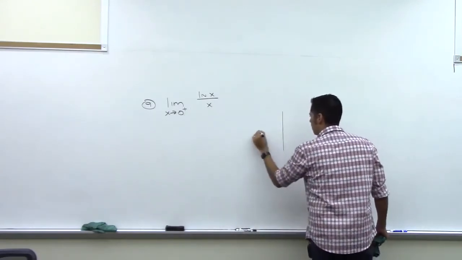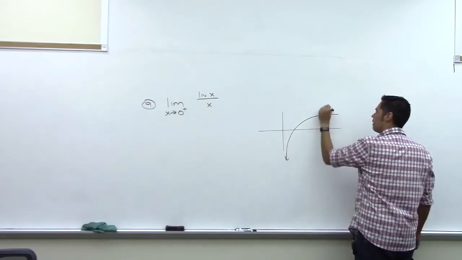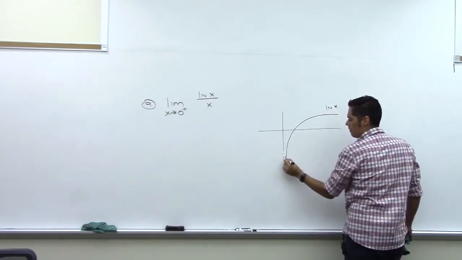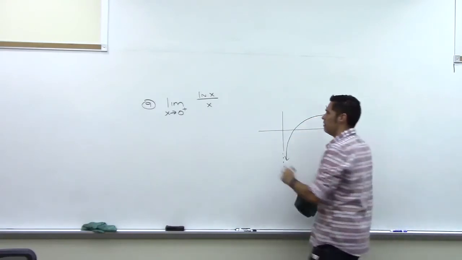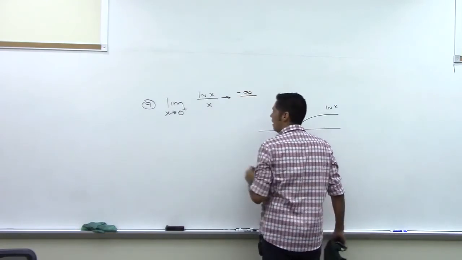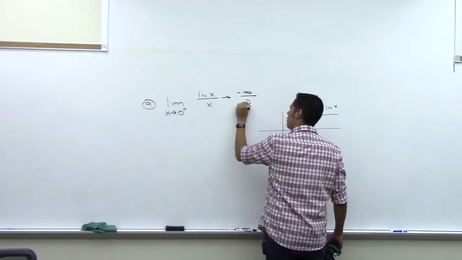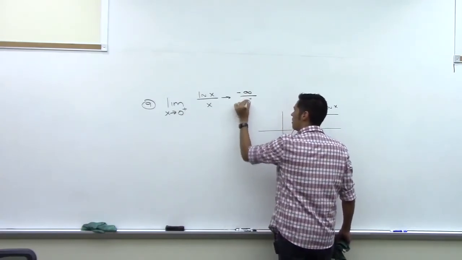So let me graph the natural log function. Natural log function looks like this. So as we approach 0 from the right, this heads to negative infinity over, and then the bottom is headed towards 0. And it's coming in from the right, so it's little positive numbers.